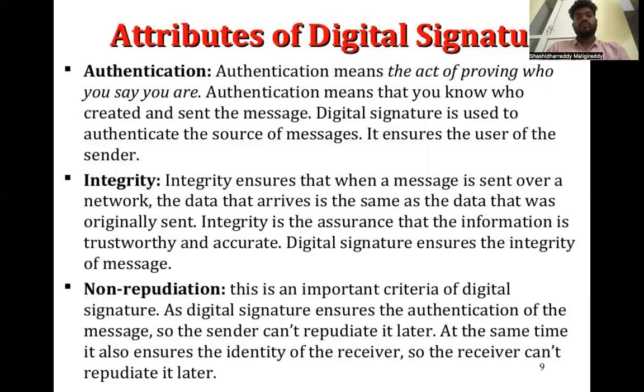Authenticity means that you know who created and sent the message. A digital signature is used to authenticate the source of a message. It ensures the identity of the sender. Simply, authenticity helps to find out who sent the message and who created the message. By using authenticity, you can say that he created the message and he sent the message to someone else.